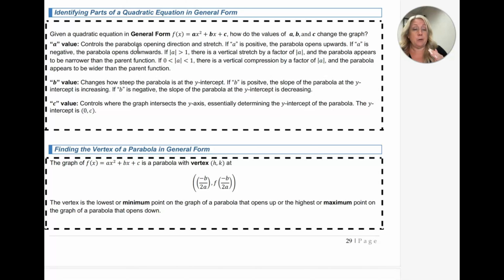Right? So it's just about the increasing or decreasing at that y-intercept. And then our c value, we talked about a little bit before, but it is telling us our y-intercept. It's telling us where the graph intersects that x-axis.